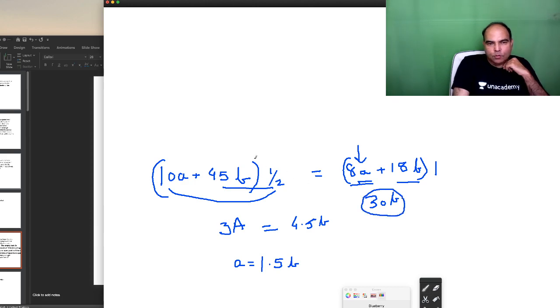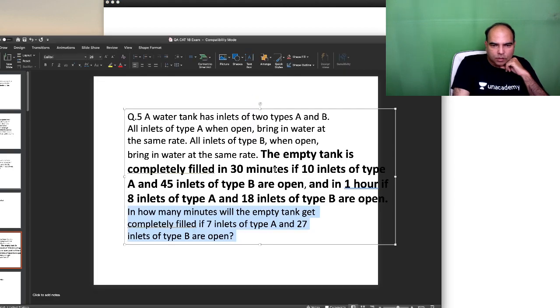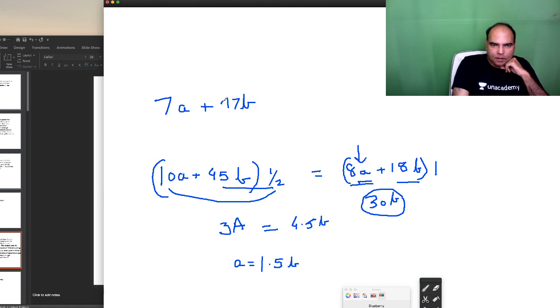And now when I am using 7 inlets of pipe A and 27 inlets of pipe B, so 7 inlets of pipe A is like having 10.5 inlets of pipe B. So you are effectively doing a work which is 30B using 37.5B pipes.